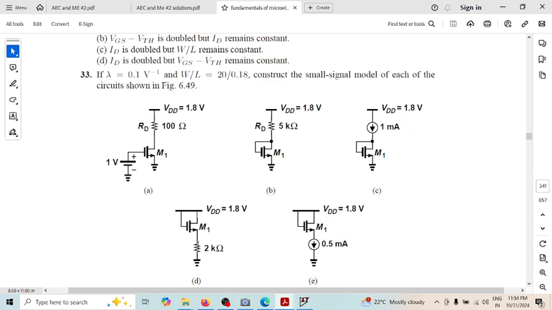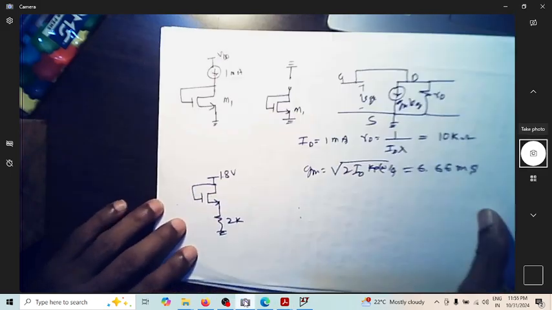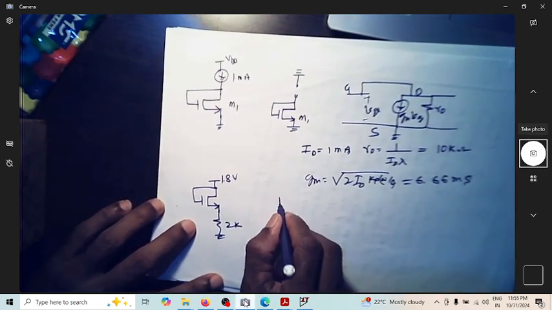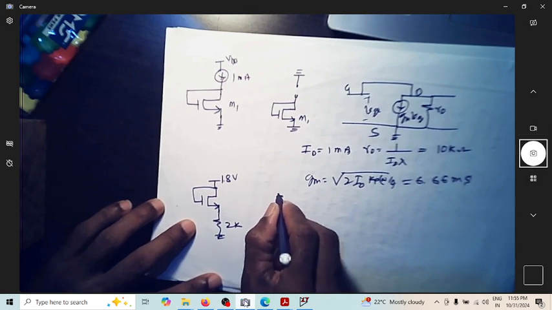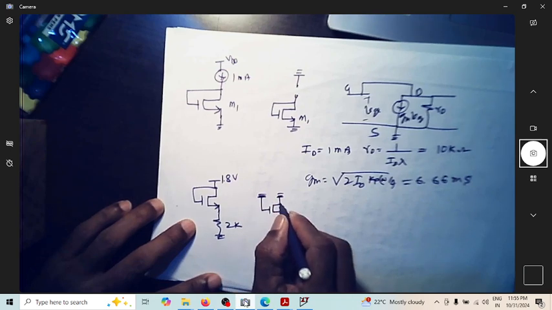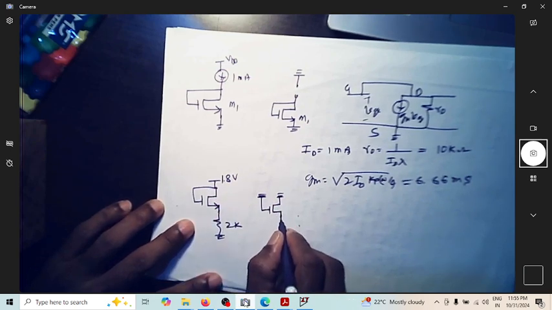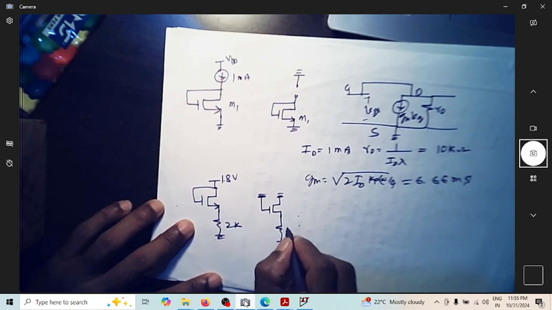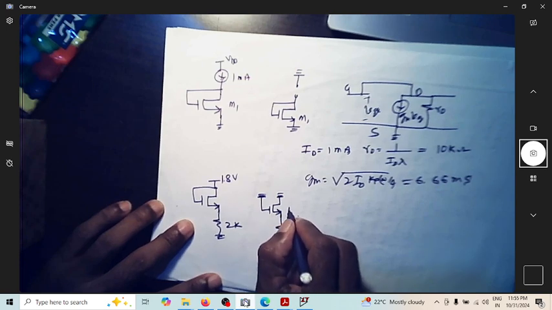Fine. So we are again asked to construct the small signal model. Let us construct it. The immediate construction is, this is AC grounded, so this will also be AC grounded because these are shorted, and you have this is ground, this is 2K, and this is M1.